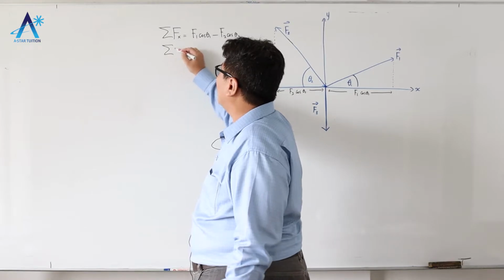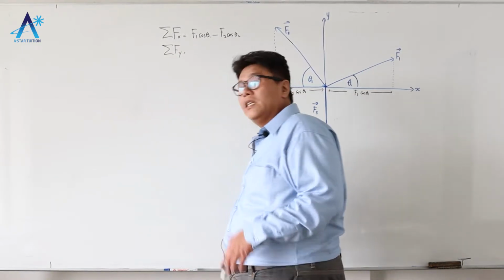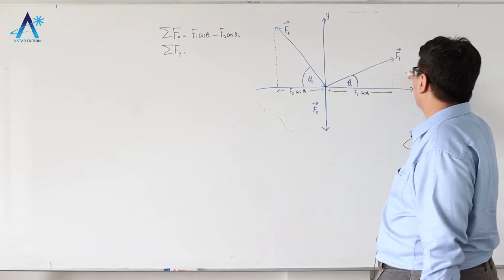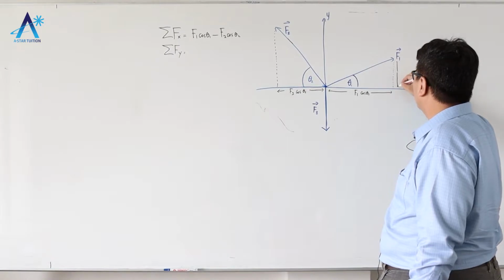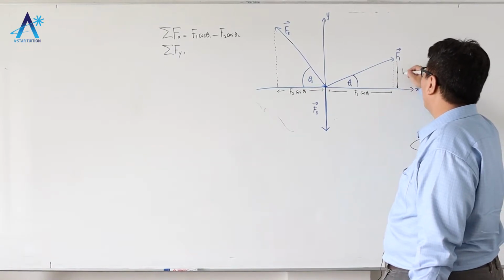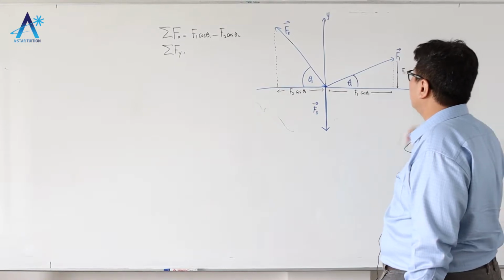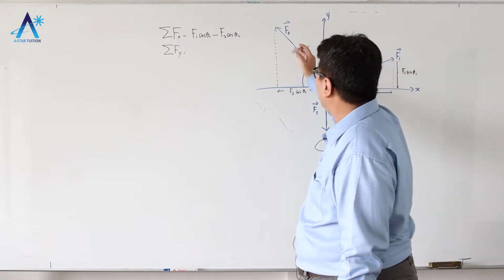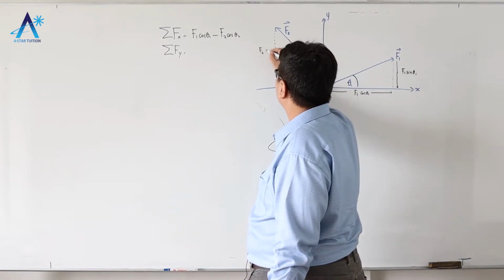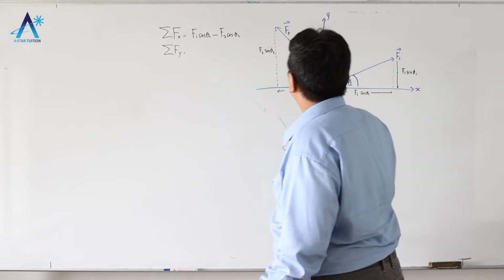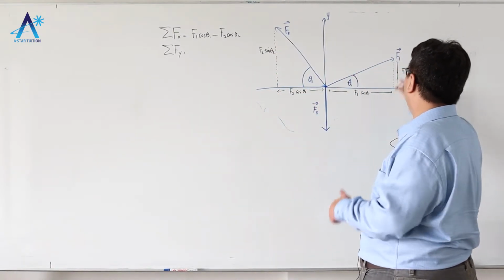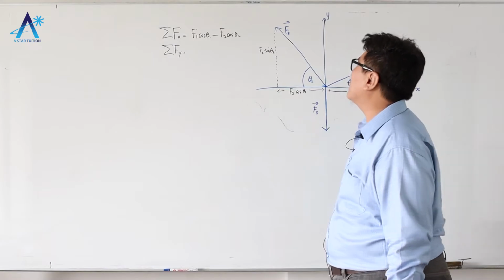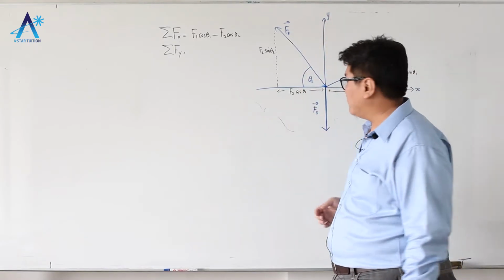Next is sigma Fy, which is the sum of all vertical components of the forces. For F1, the vertical component, if you resolve it, is F1 sine theta 1. F2 also, if you resolve it vertically, is F2 sine theta 2. And as you can see, if you resolve F2 vertically, the tip of the force is pointing upward, so it's positive.